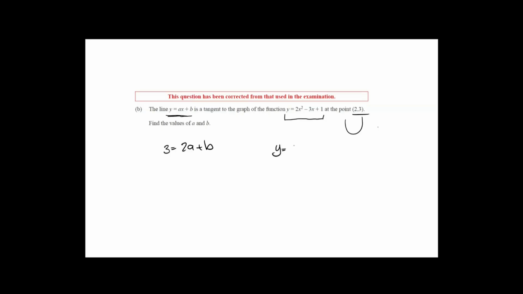So if y equals 2x squared minus 3x plus 1, dy/dx is going to be 4x minus 3. And then when we evaluate that when x equals 2, 4 times 2 minus 3 is 8 minus 3 is 5.